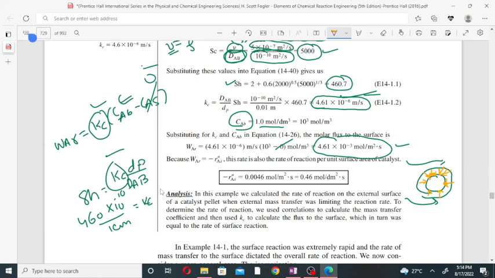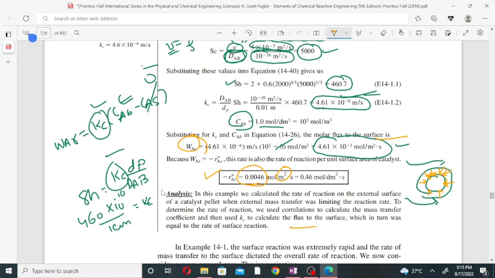So WAR will be equal to the rate of disappearance of component A at the surface of the catalyst, and this is also equal to the flux of component A in the radial direction.